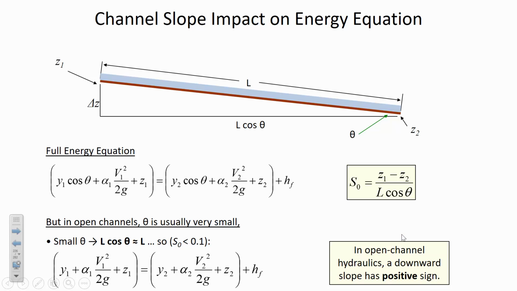It's assumed. And so you can calculate that slope by the upstream elevation minus the downstream elevation. And if you like, you can divide by the length times cosine of theta, but usually theta is so small that you don't need to include the angle in the denominator. Just the length itself will be sufficient.